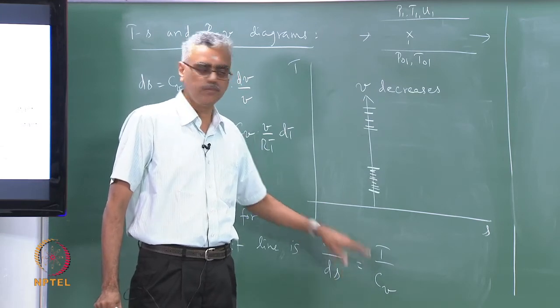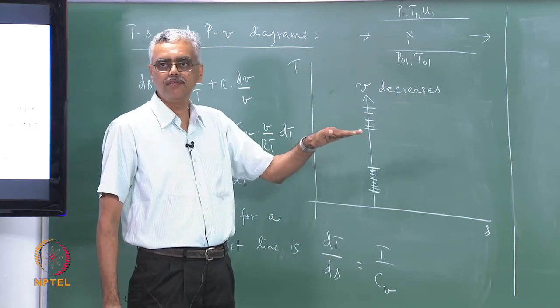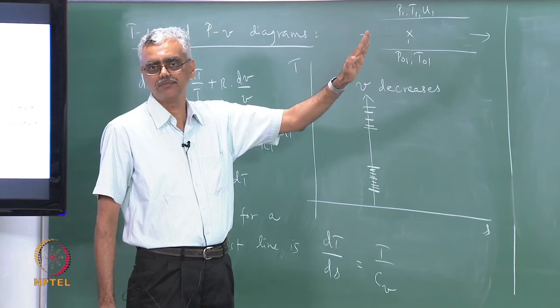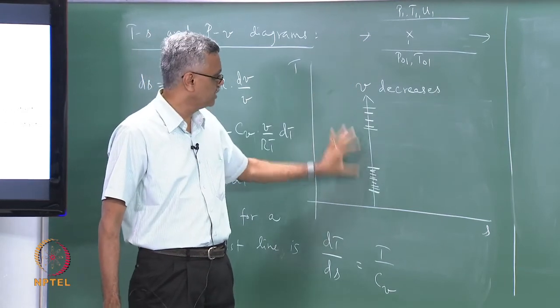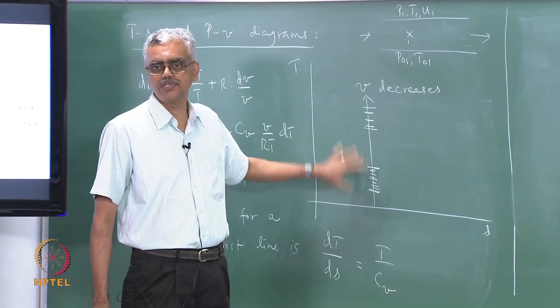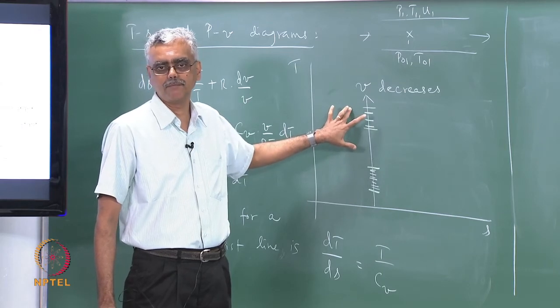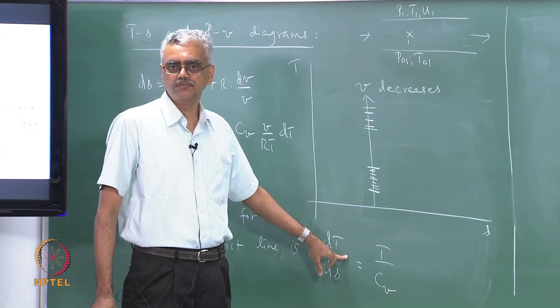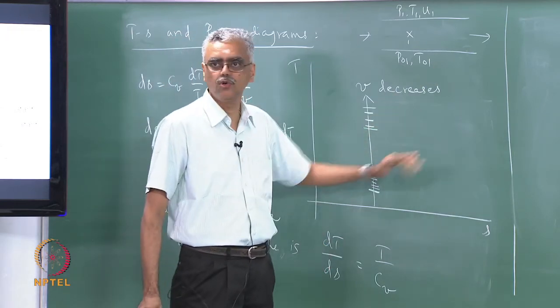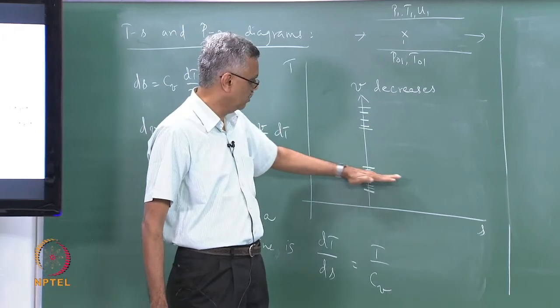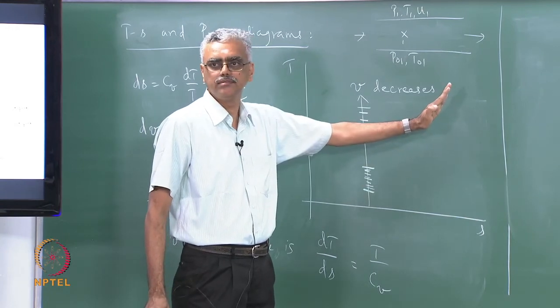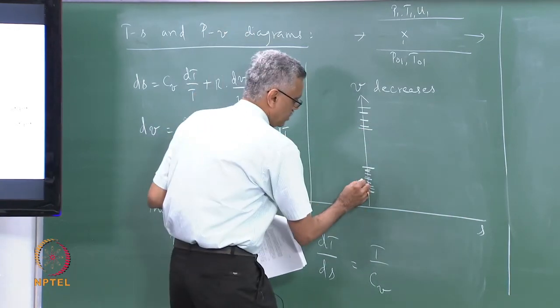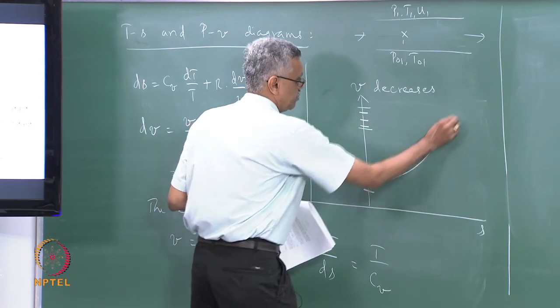Slope also changes from point to point. At low values of temperature the lines are shallow, at high values of temperature the lines are steeper. The spacing looks like this: they are closely spaced here and farther apart here. And the slope is positive, which means the lines are all oriented like this, shallow here and becoming steeper as we go along.